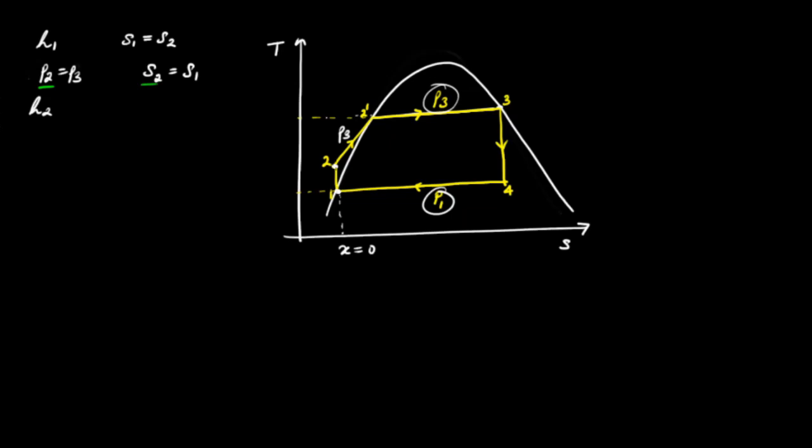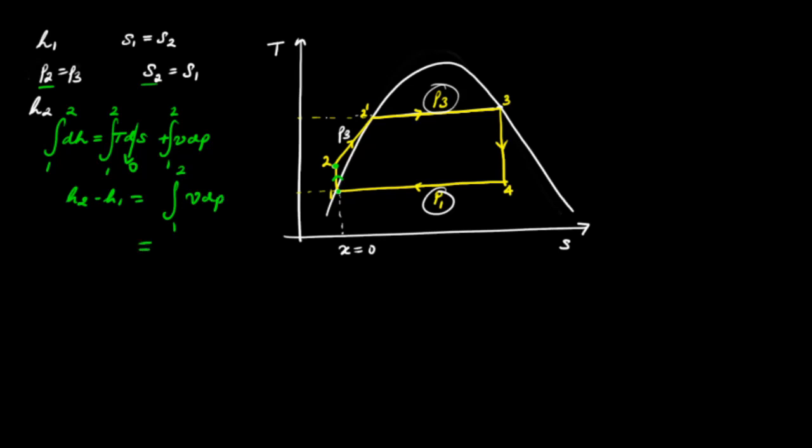But for this compressed liquid state, we can also determine H2 by noting that dH is TdS plus VdP. And if we integrate this over 1 to 2, we get H2 minus H1, and because for this process, 1 to 2, the entropy change is 0, this is 0, and we have this integral from 1 to 2 of V dP.